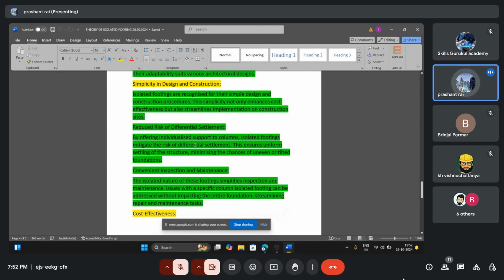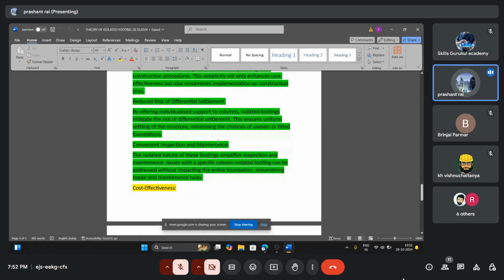The simplicity not only enhances cost effectiveness but also streamlines implementation on a construction site. Isolated footing mitigates the risk of differential settlement by offering individualized support to columns.